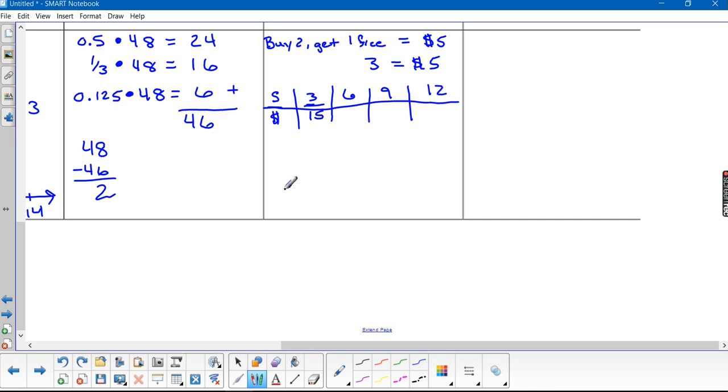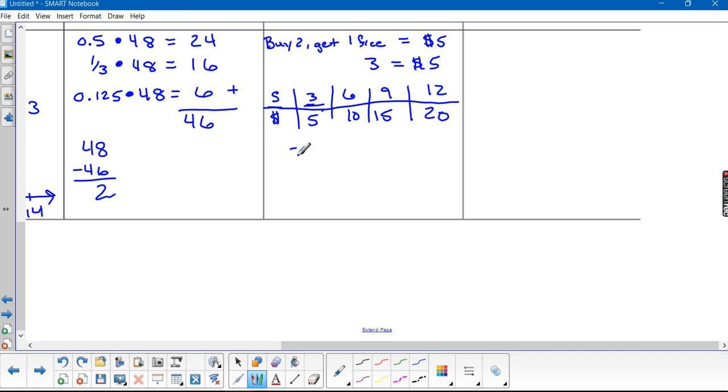Isn't that what we want? 12 subs. Oh, why not put 15? That should be $5. Man, I'm trying to get us ripped off. Probably meant to put a dollar sign. All right, so now multiplying by 2, multiply by 3, multiply by 4. So there's a ratio, a proportion table. Ratio tables, whatever you want to call them.